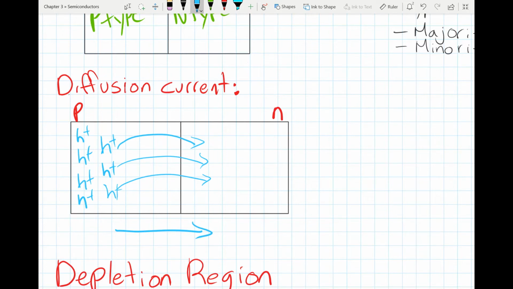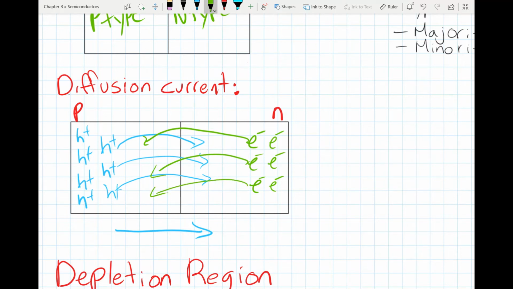Then a similar thing is going to happen with electrons. We have a higher concentration of majority carrier electrons on the n side of the p-n junction, and these electrons are going to diffuse into the p side, because the concentration of electrons is higher on the n side than it is on the p side.